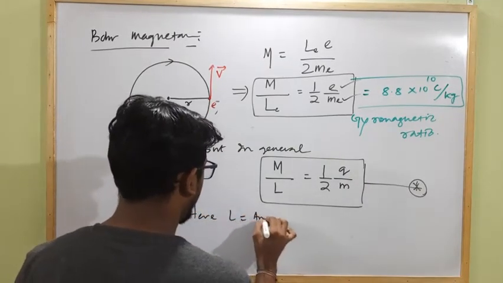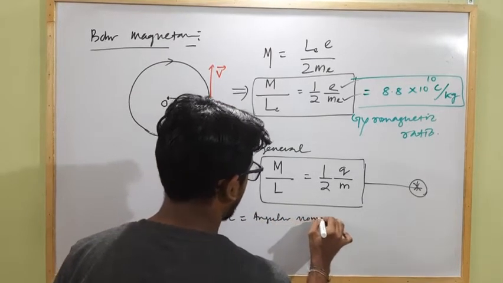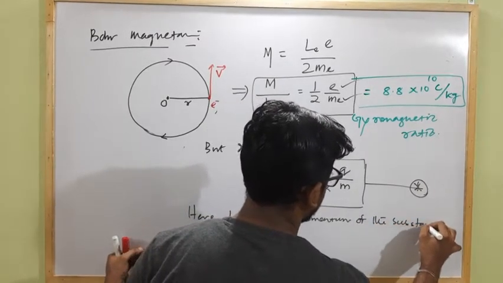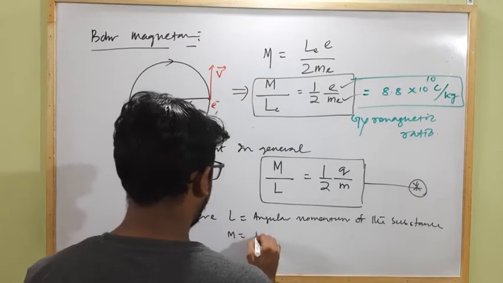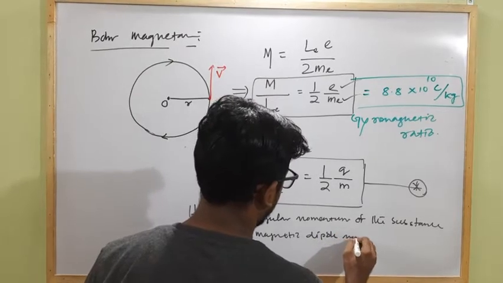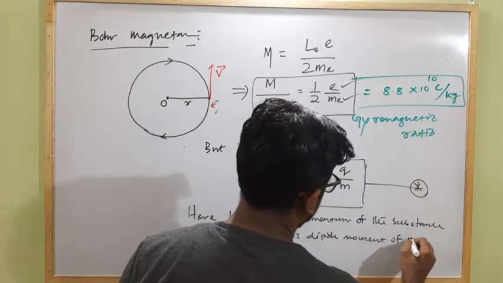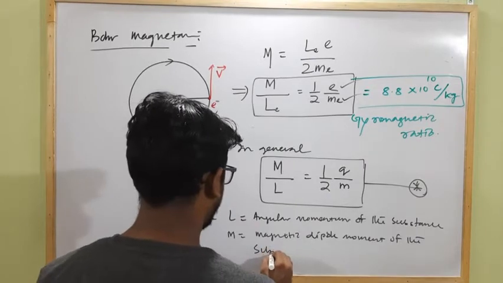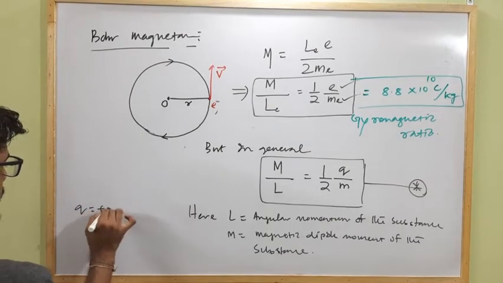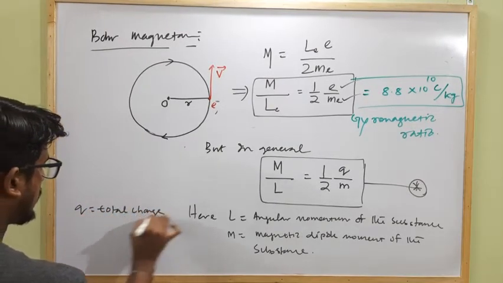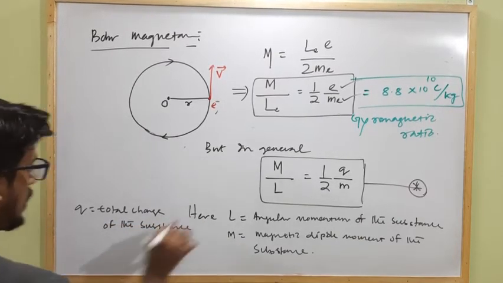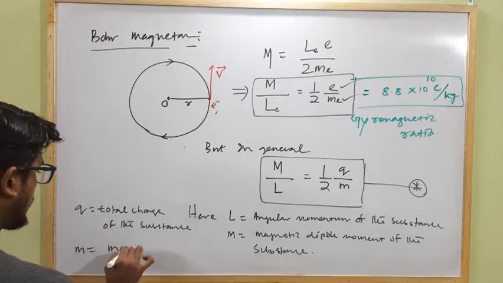Here L is angular momentum of the substance, m equal to magnetic dipole moment of the substance, q total charge of the substance, and m equal to mass of the substance.